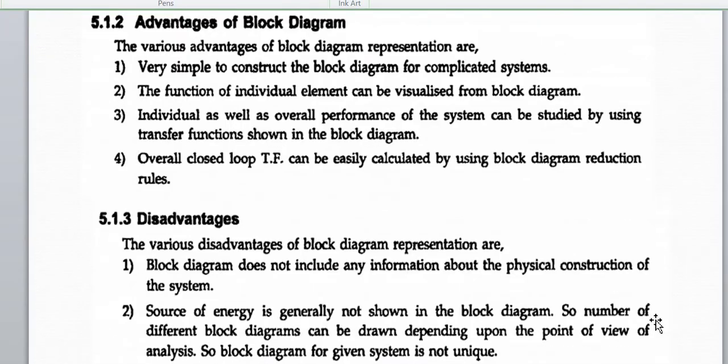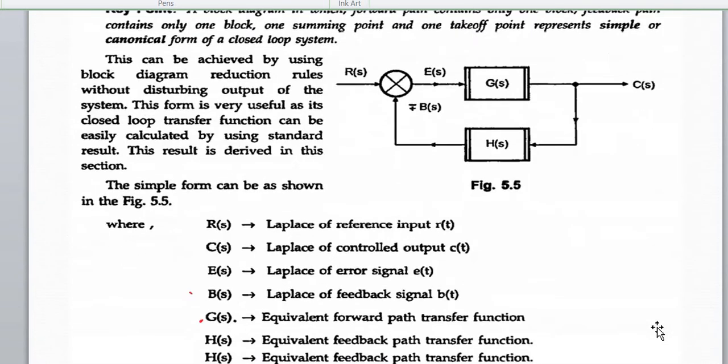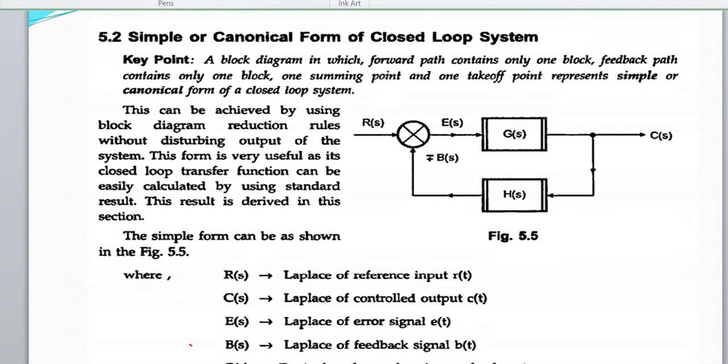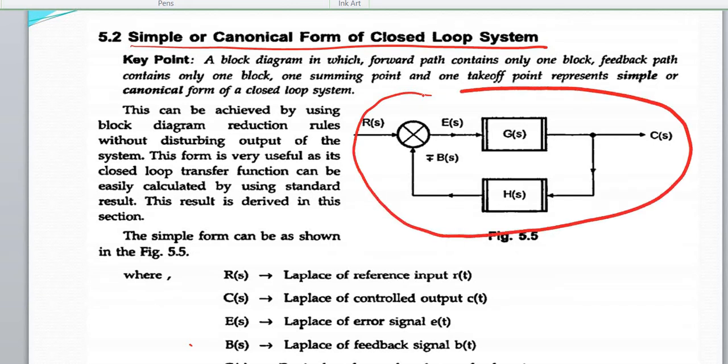Now coming to the simple or canonical form of a closed loop control system. To obtain the transfer function of a control system represented in the form of a block diagram, we have to reduce that block diagram into this simple or canonical form.